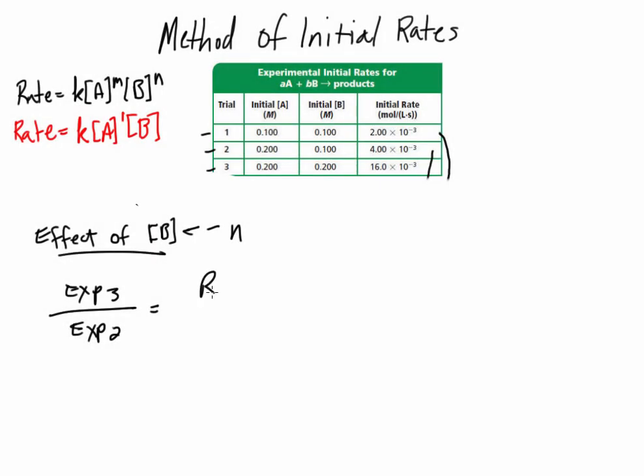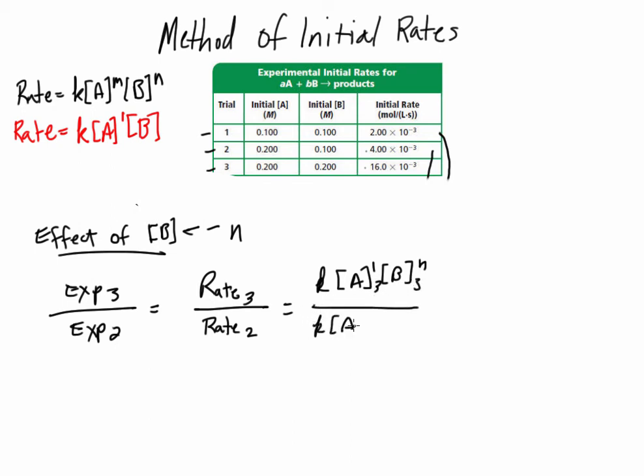Let's throw these numbers in here: the rate of 3 over the rate of 2. To make the numbers work out nicer, pick the higher number as the one to put on top and the lower one on the bottom. Rate 3 is k [A] to the first power, [B]3 to the n, over k [A] to the first power, [B]2 to the n.